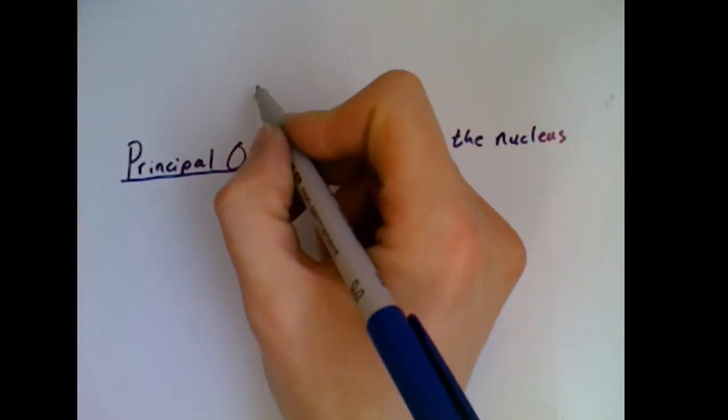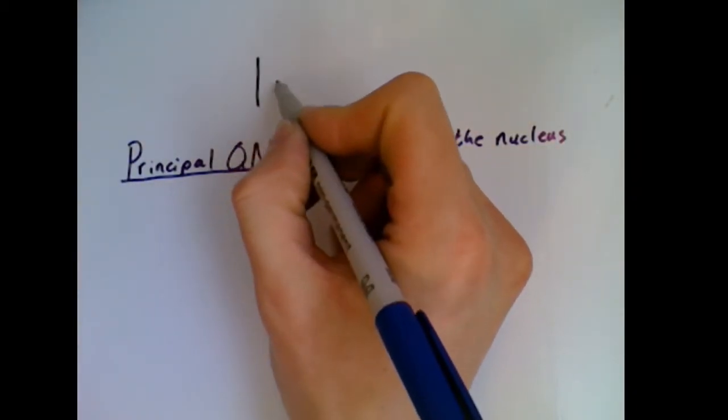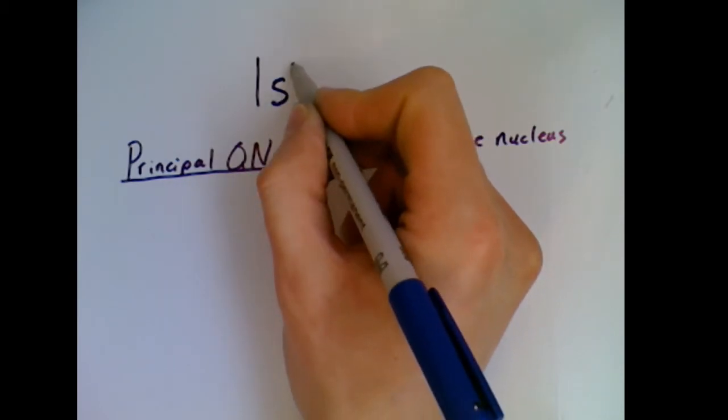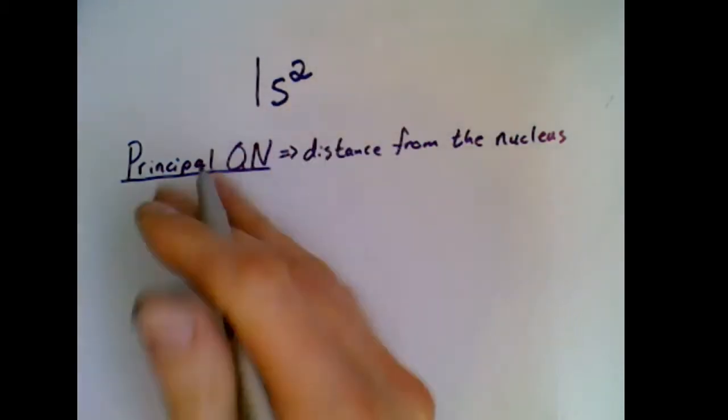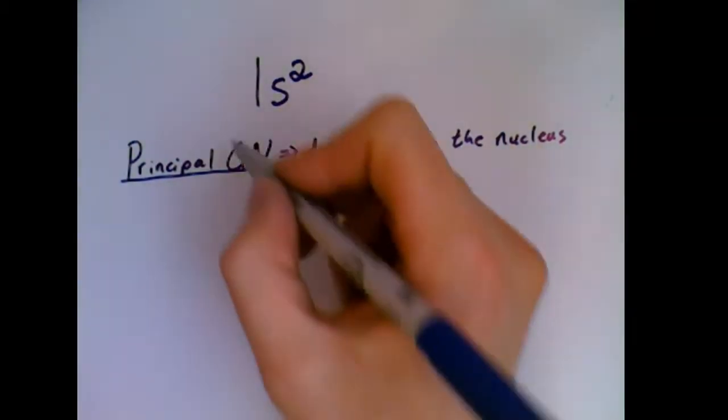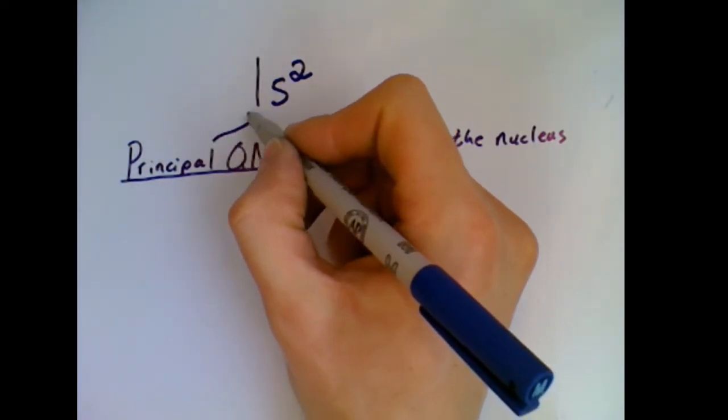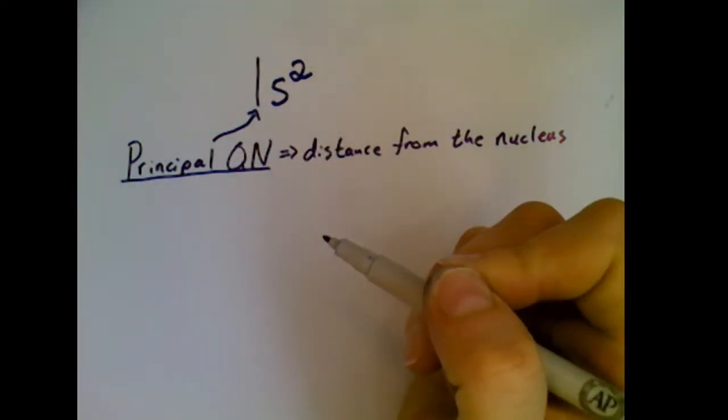And so what you're going to see when we are dealing with quantum numbers is that sometimes a quantum number might actually look like 1s2. And I know that seems super weird right now, but the principal quantum number would be like this.